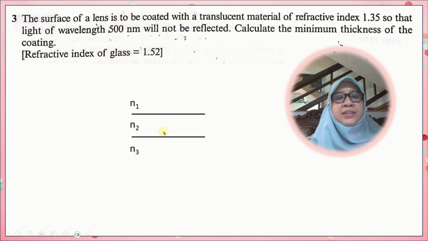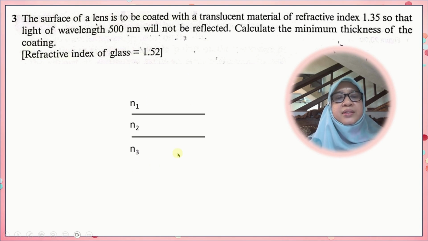Let's say the glass has refractive index 1.52, coated with a material.